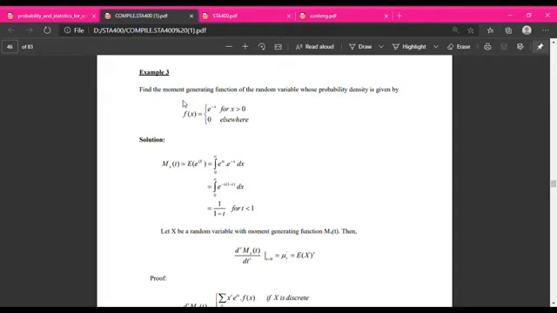Okay, so as we know, the concept untuk dapatkan MGF adalah notationnya M_X(t), which is the expected of e power of tx.